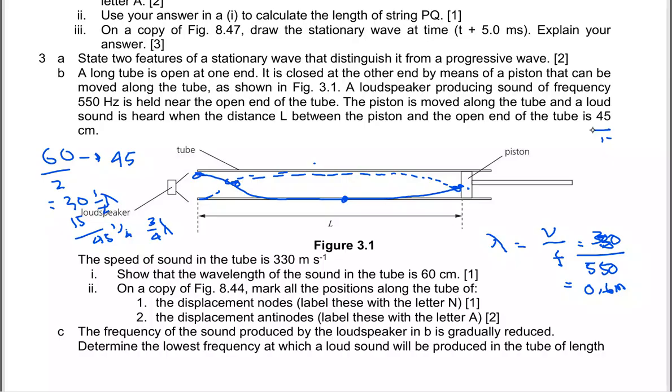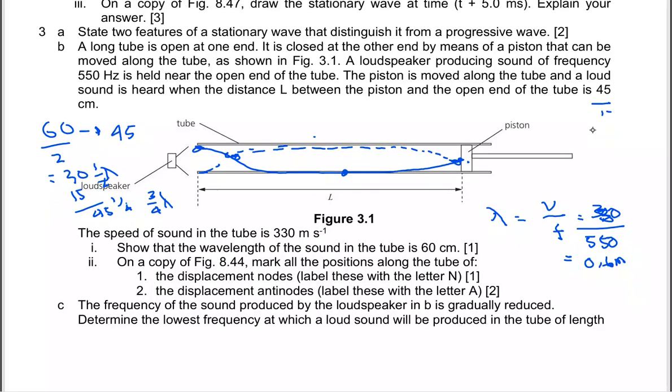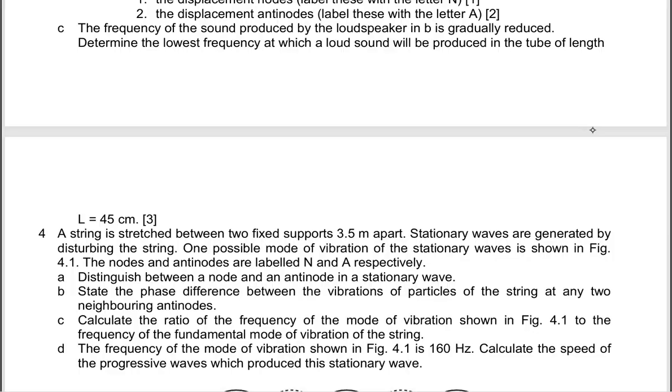The frequency of sound produced by the loudspeaker in B is gradually reduced. Determine the lowest frequency at which loud sound will be produced in the tube of length L equals 45 centimeters. Okay, so the lowest frequency in an open tube is with a quarter wavelength.